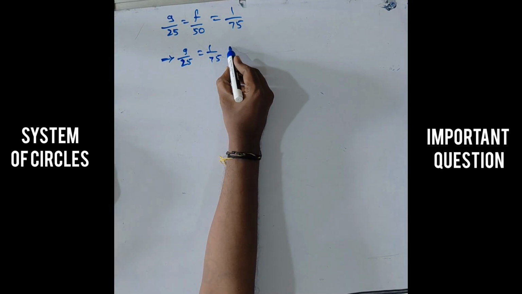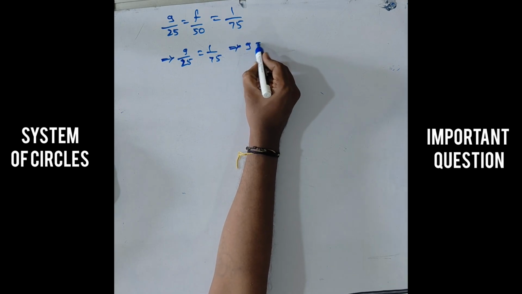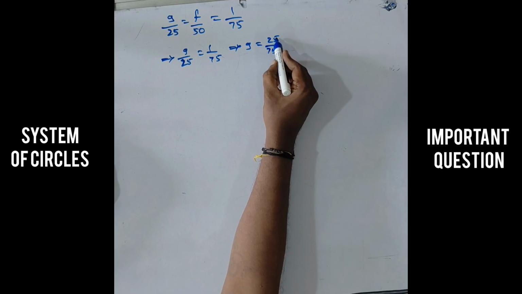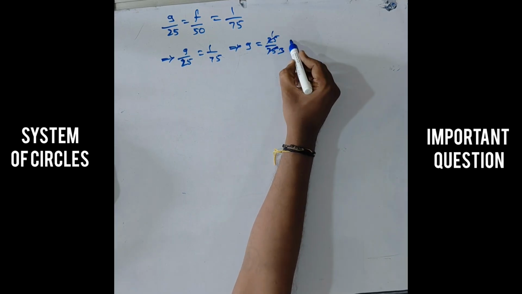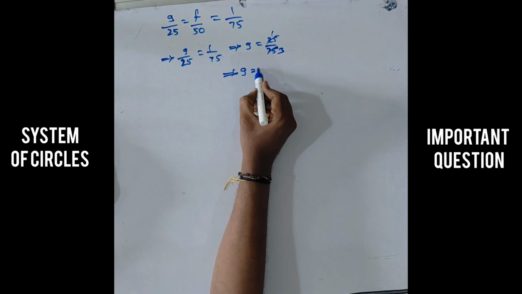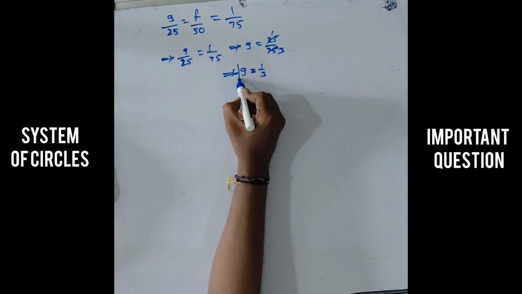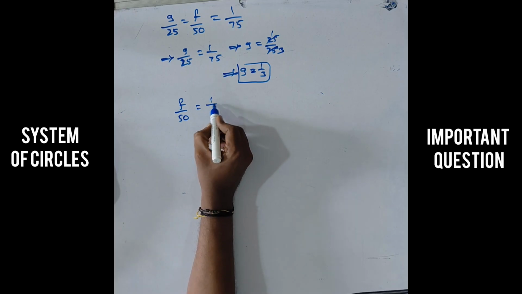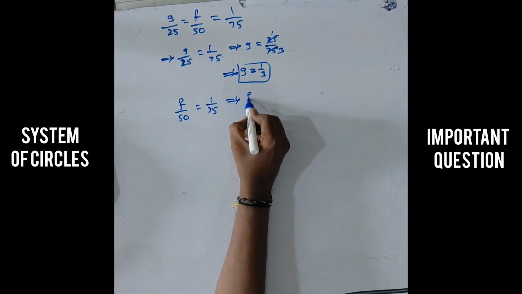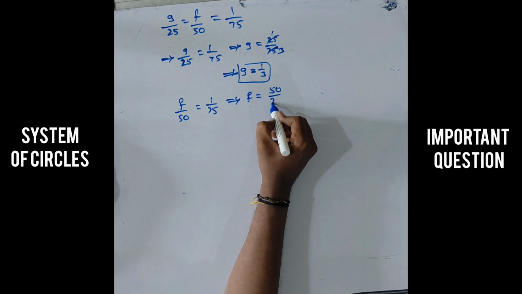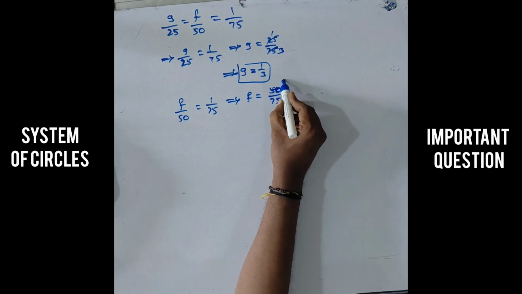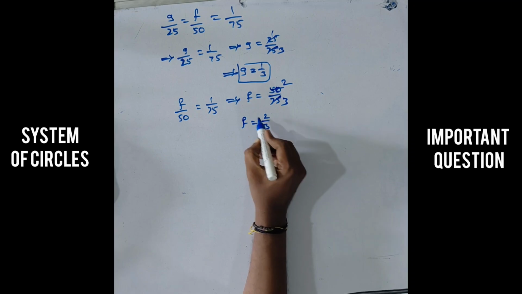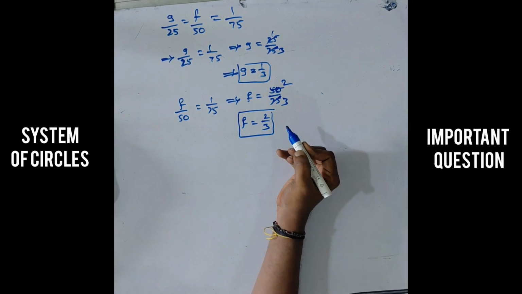This implies g = 25/75, so g = 1/3. And f/50 = 1/75 implies f = 50/75, so f = 2/3.